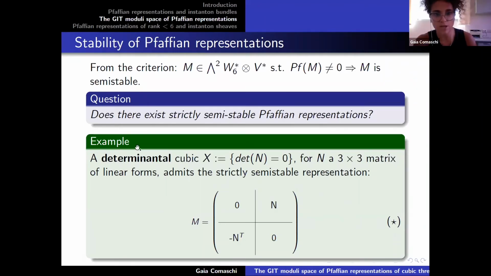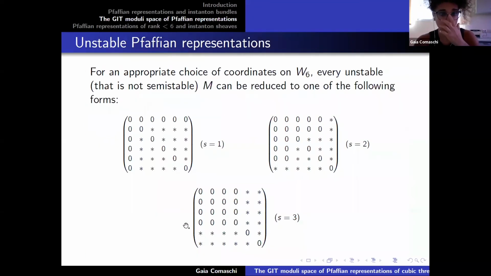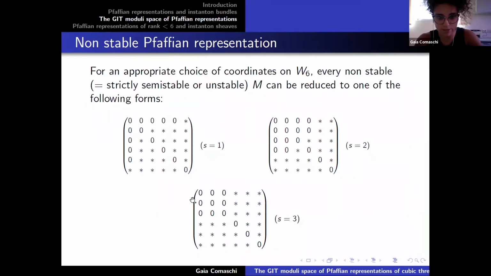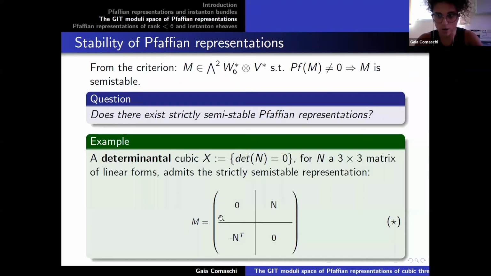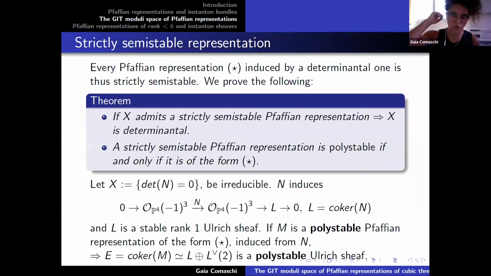If we take a cubic defined by the determinant of a 3 times 3 matrix of linear forms, then it will be automatically Pfaffian, because we are able to write down immediately skew-symmetric forms. And if we look at the criterion, we see that we have these blocks of 0 that will not allow our representation to be stable. So this is an example of a strictly semi-stable representation.